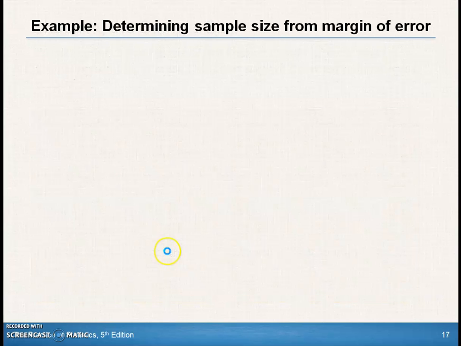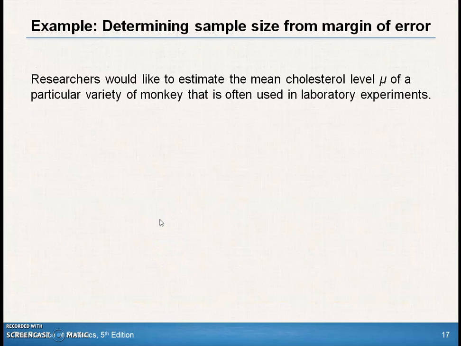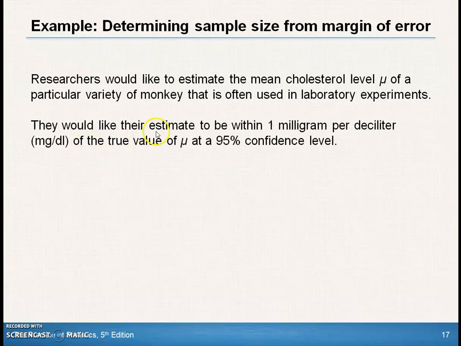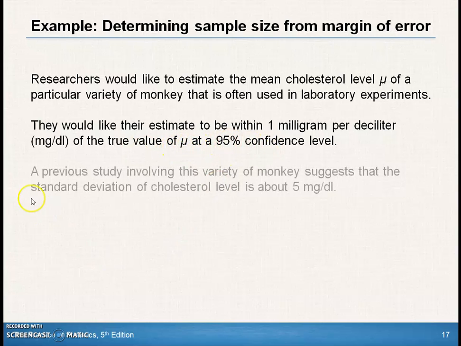So let's practice one of those. Estimate the mean cholesterol level mu of a particular variety of monkey often used in lab experiments. We'd like to estimate within 1 milligram per deciliter. So that is our margin of error for the true value of mu at 95% confidence.